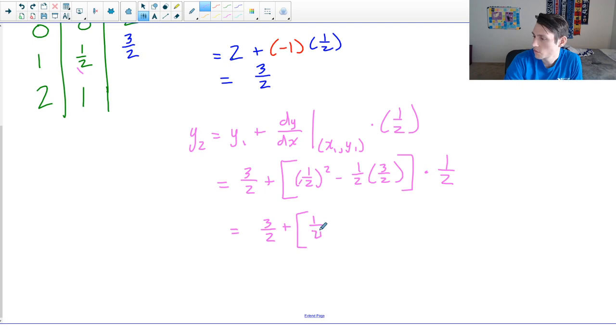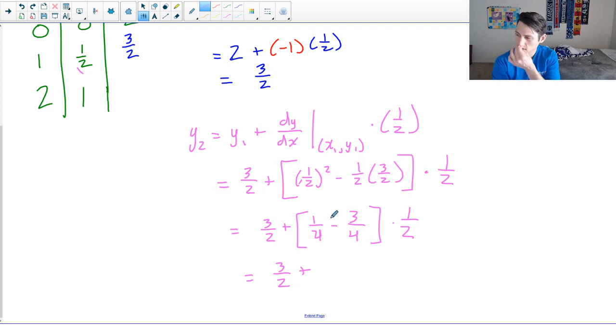One-half squared is 1/4 minus 3/4 times 1/2. 1/4 minus 3/4 would be -2/4. -2/4 is -1/2.